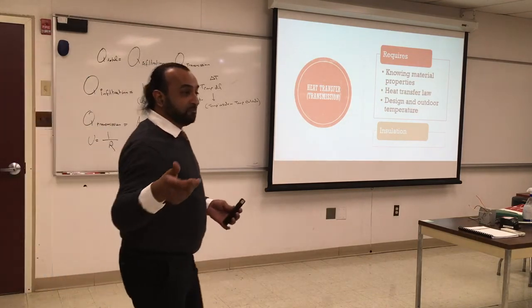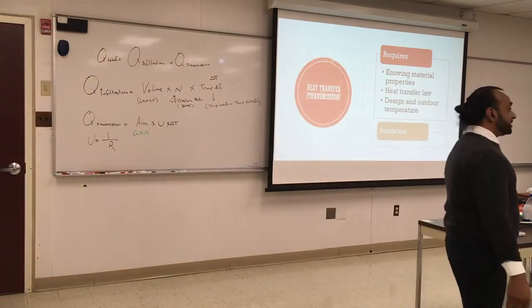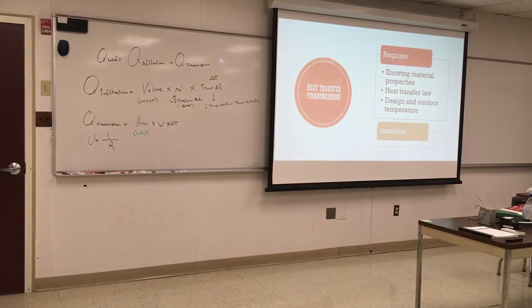Depending on the material, there is very good resistance. I was telling Nick earlier, wool is a very good insulator. It's so thin, but it's very hot. So the R value for wool is very high. Is it because it conducts heat less from your body? No, it resists heat transmission.